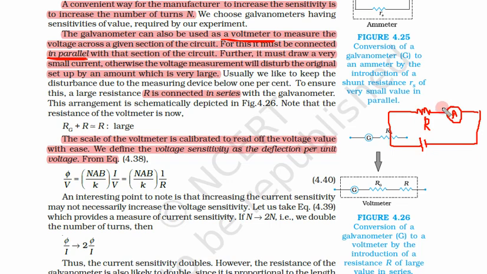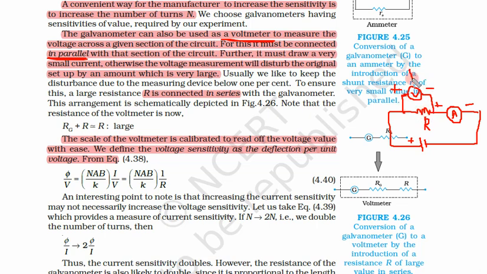So ammeter is always connected in series, and the voltmeter is always connected in parallel. Please remember this thing. See here, this is positive, so it is connected to positive of voltmeter. This is negative side, so this is connected to negative of voltmeter. This is the resistance. Ammeter positive is connected to the same positive side of this, negative is connected to this.